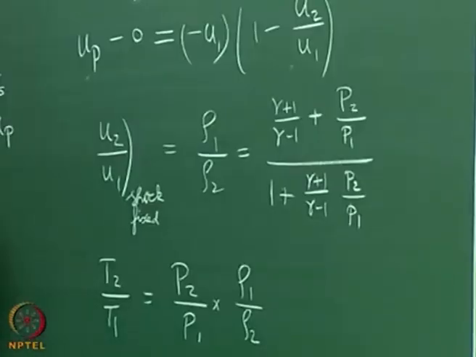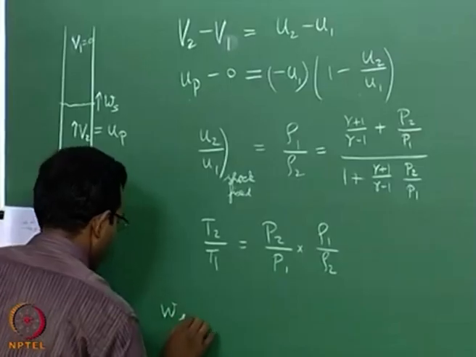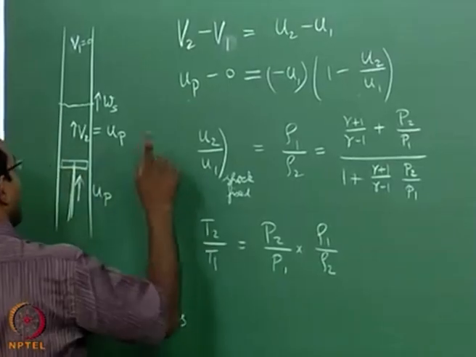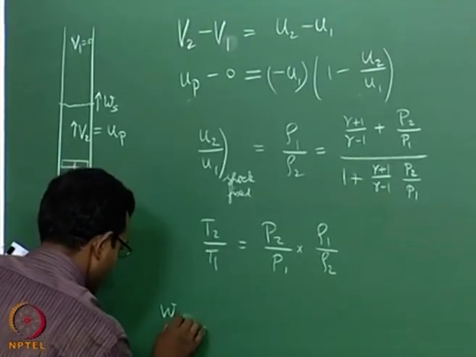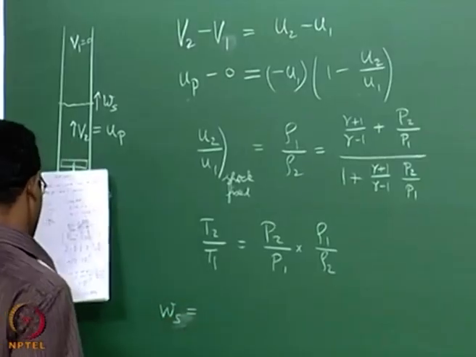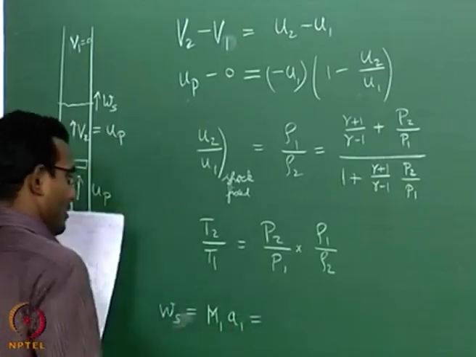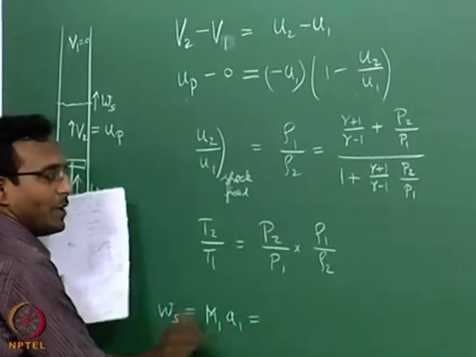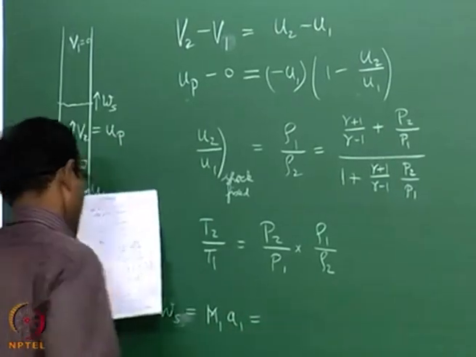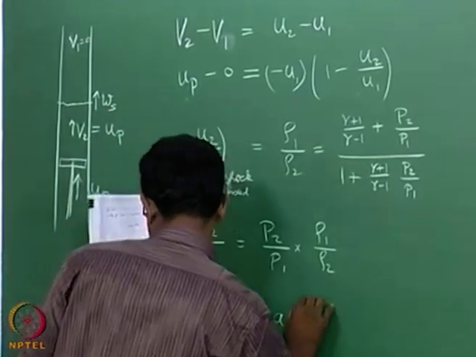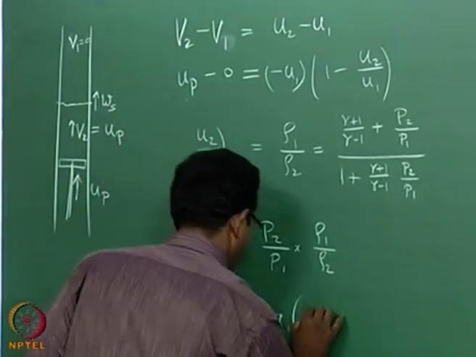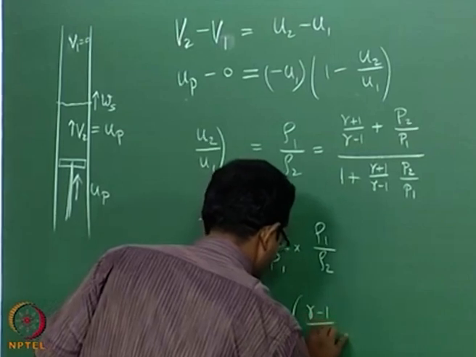And finally, we want to find Ws, the shock velocity Ws, I used capital S, it looks like, which is M1A1, where M1 should be expressed in terms of P2 by P1, that is what I wanted. So, I am going to write it as A1, we already did this derivation also in our moving shock case.